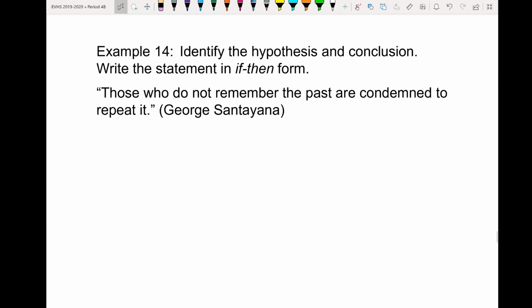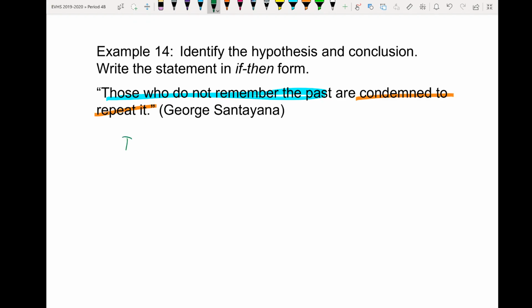13. Those who do not remember the past are condemned to repeat it. What's our hypothesis? Okay, those who do not remember the past. And then people are condemned to repeat it.